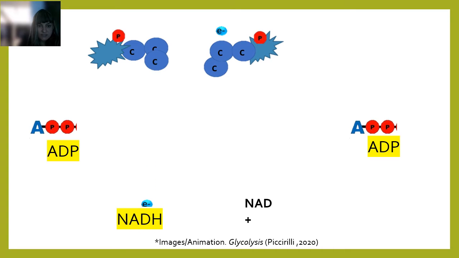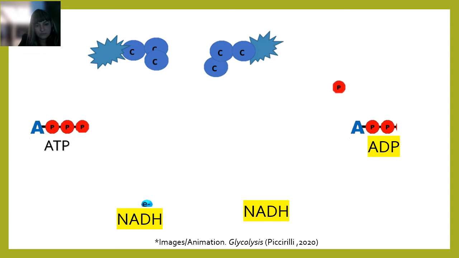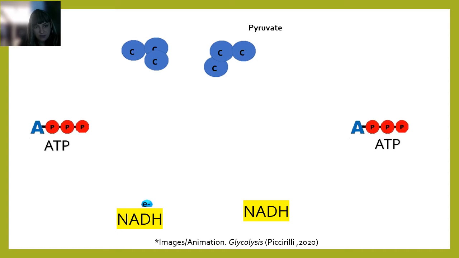Next, the electrons change the NAD+ into NADH, which is an electron carrier. And then finally, ATP is regenerated with a phosphoryl group transfer. After that, you have 2 molecules of pyruvate.